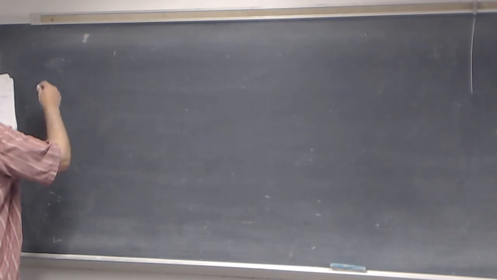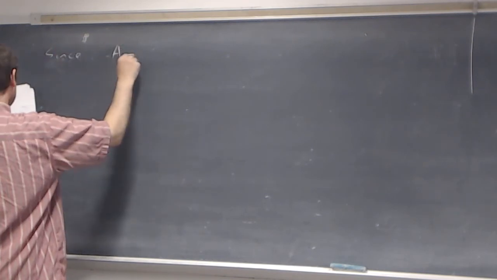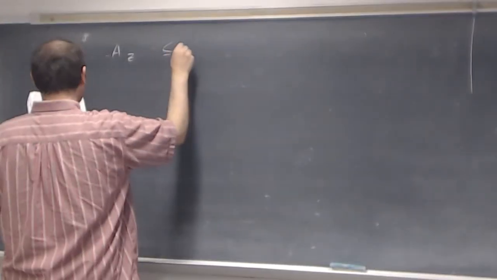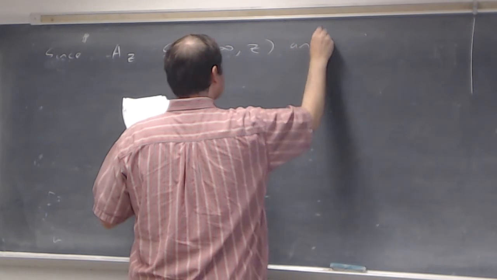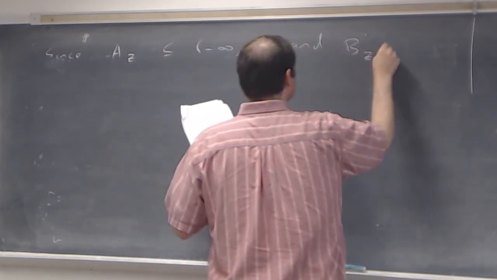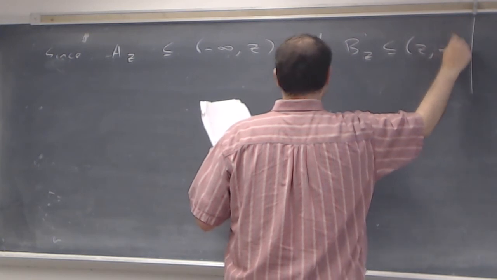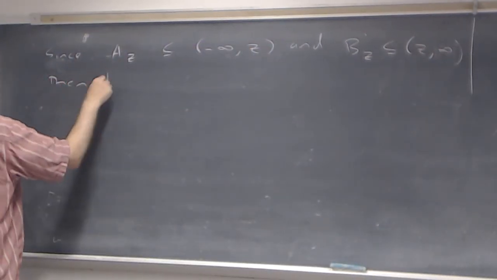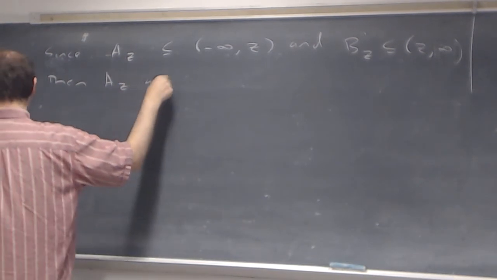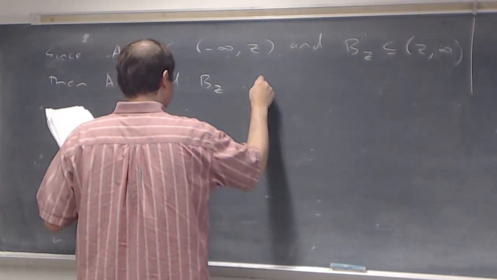Since A sub z is contained in (-infinity, z), and B sub z is contained in (z, infinity), that forces A sub z and B sub z to be separated.